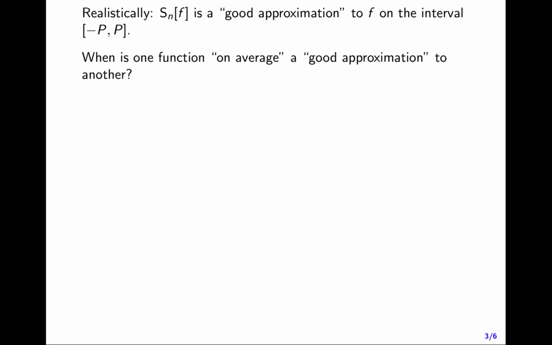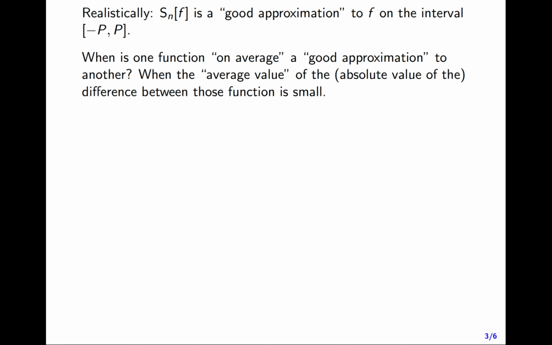If we're thinking about how two functions, in this case Sn on f and f, relate to each other over the interval minus p to p. Well, one way to think about this would be to say that a function's on average a good approximation to another one when the average value of the difference between those functions is small. Really, when the average value of the absolute value of the difference between those functions is small.